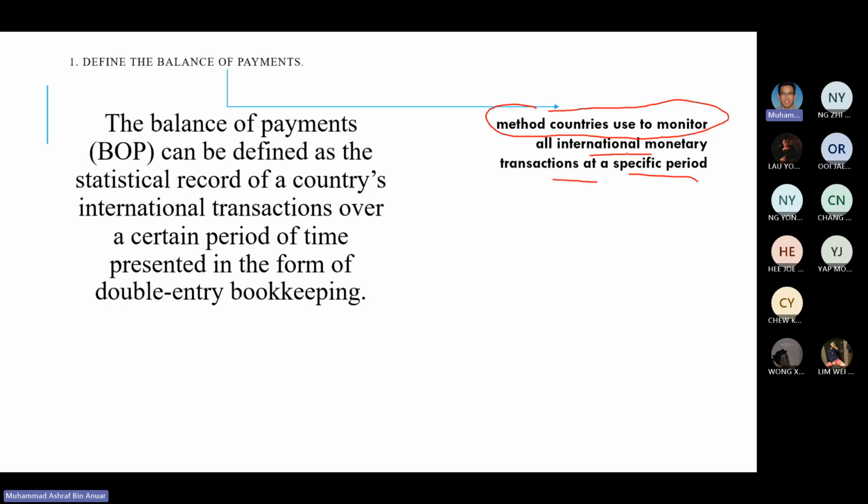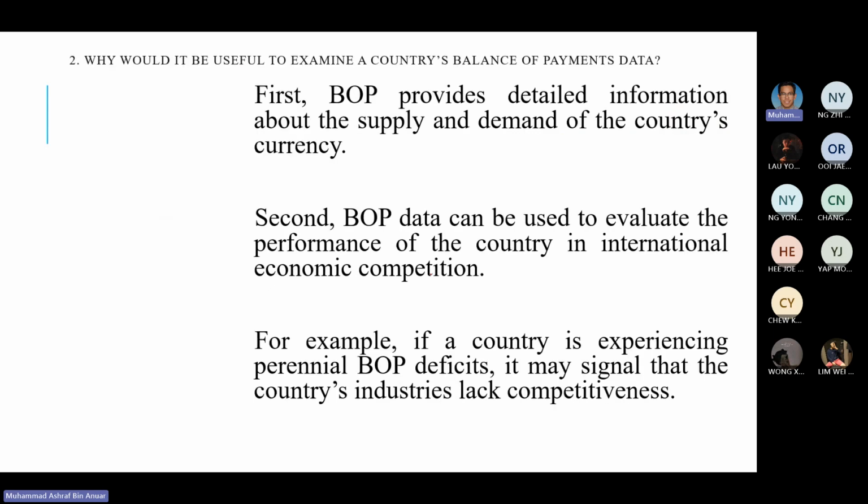From the answers here, it can be defined as the statistical record of a country's international transactions over a certain period of time, presented in the form of double entry bookkeeping. So this is how they monitor the international monetary transactions. Is it clear? All right, so it is the way, the method.